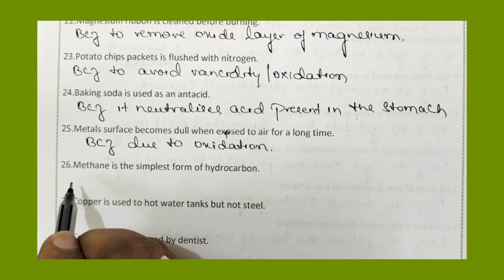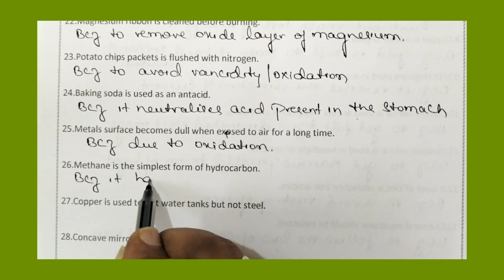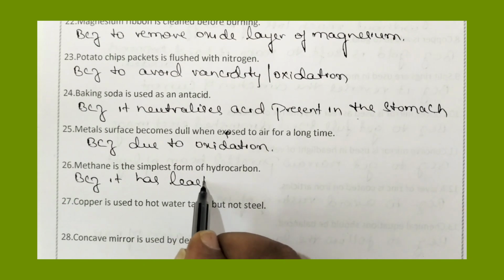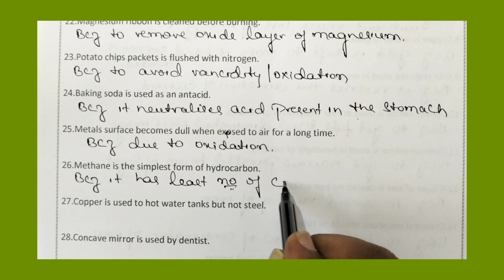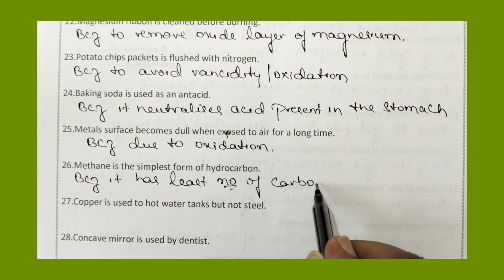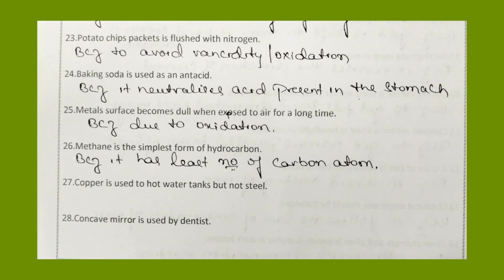Methane is the simplest form of hydrocarbon because it has the least number of carbon atoms. Only one carbon is there.